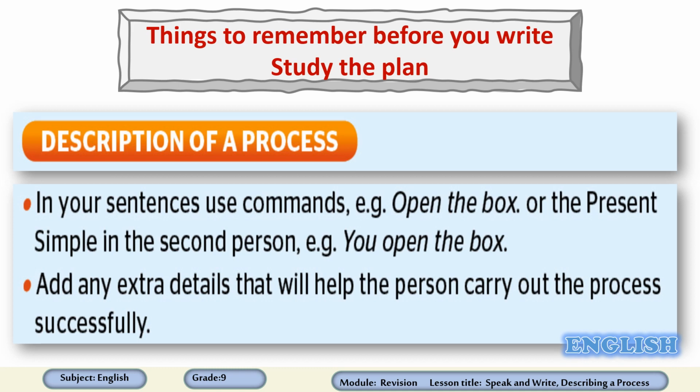Remember, in your sentences, you can use commands like open the box or the present simple in the second person. For example, you open the box. You can add any extra details that will help the person carry out the process successfully.